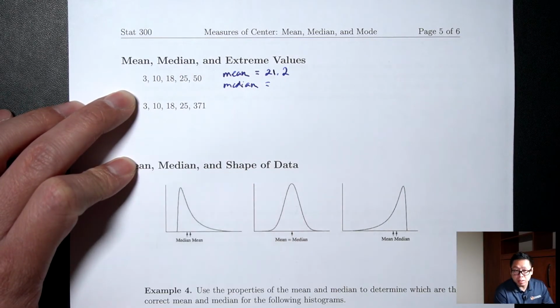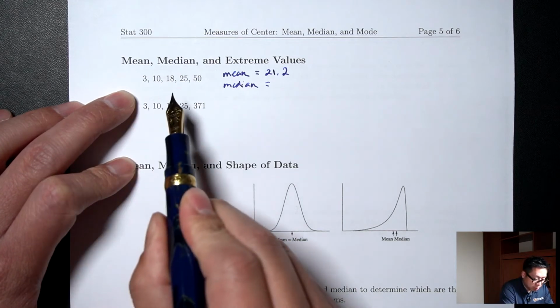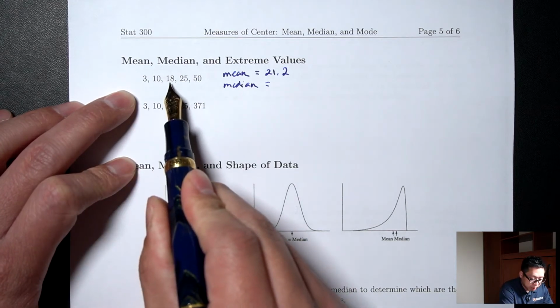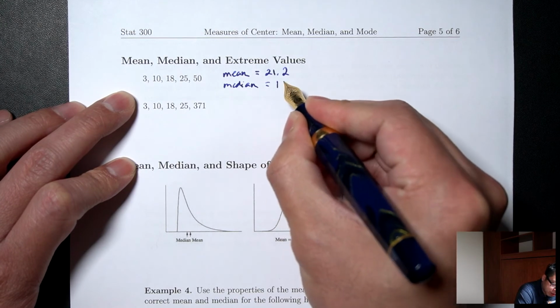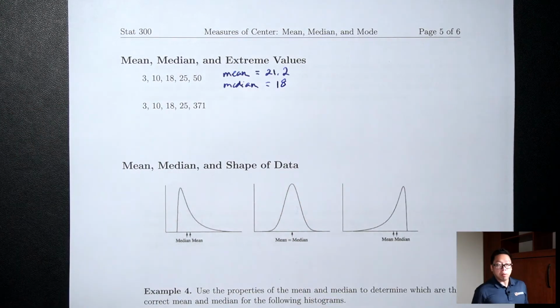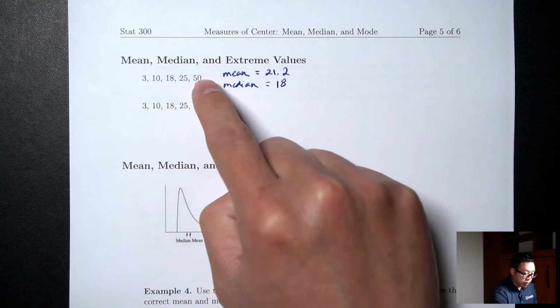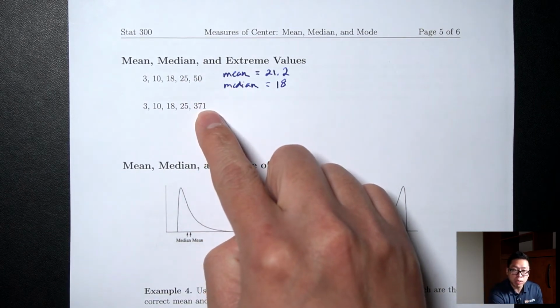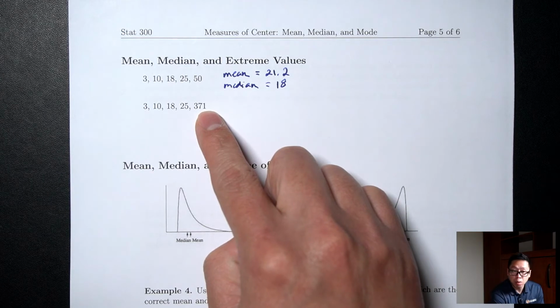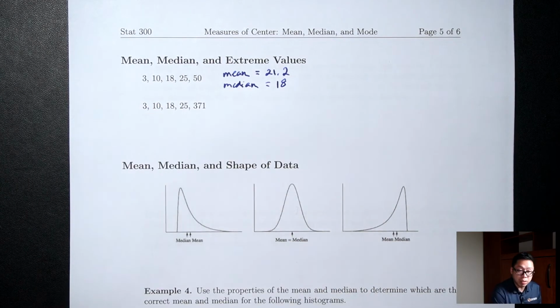the numbers are already in order. So the median is just the number in the middle. In this case, there's a number right smack in the middle. It's 18. Now, the second set of numbers are the same numbers except I changed the 50 and switched it out with a 371. So a number that is way bigger compared to the rest of the data.